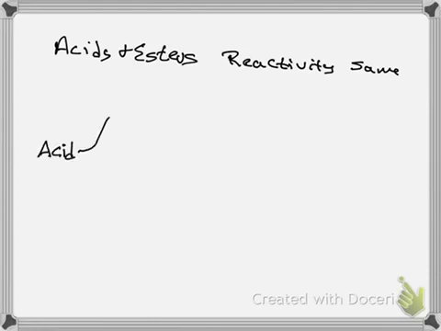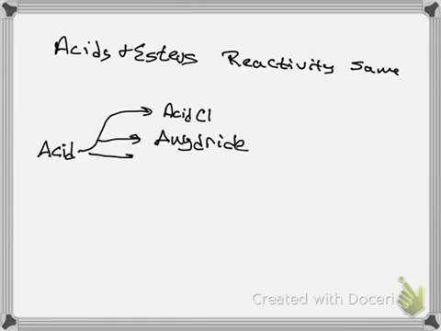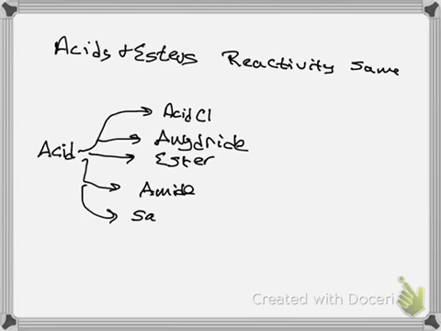The acid can be turned into any of the derivatives in one step: the acid chloride, the anhydride, which we've already covered. You can also use it to form an ester, an amide, and finally the salt.